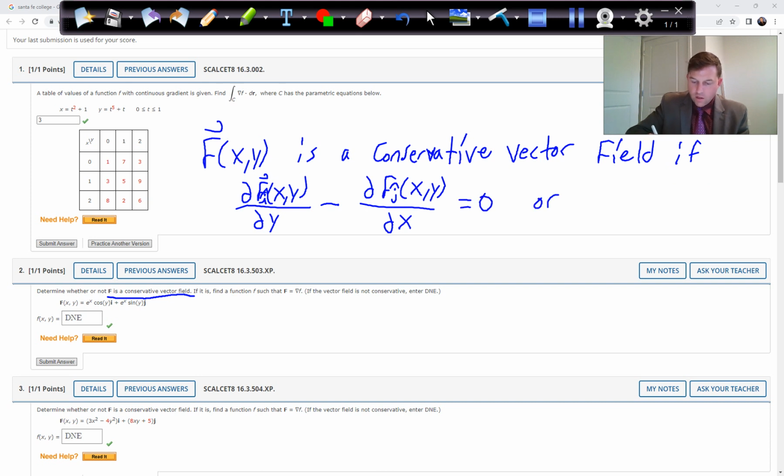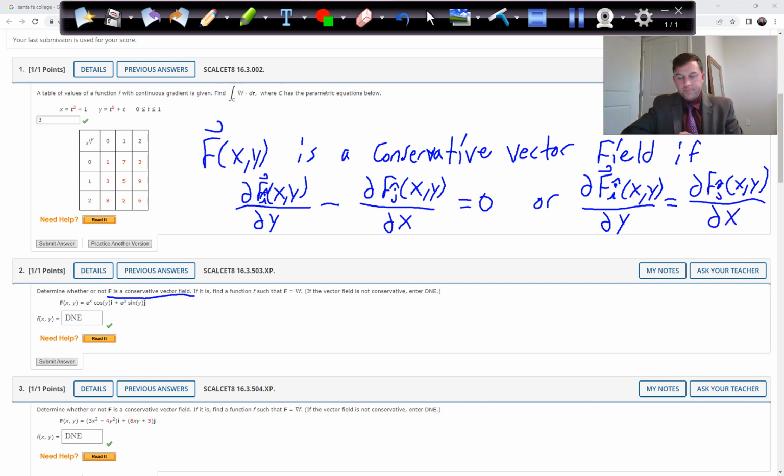Or the partial derivative of the vector field's i component with respect to y equals the partial derivative of F's j component with respect to x, they are equal.